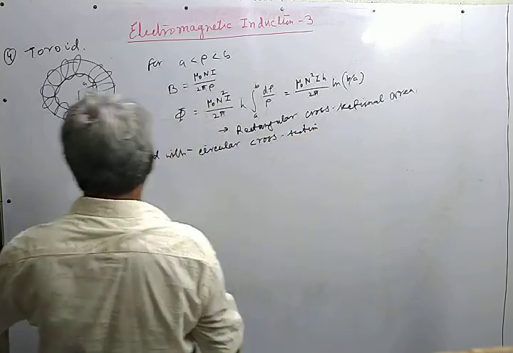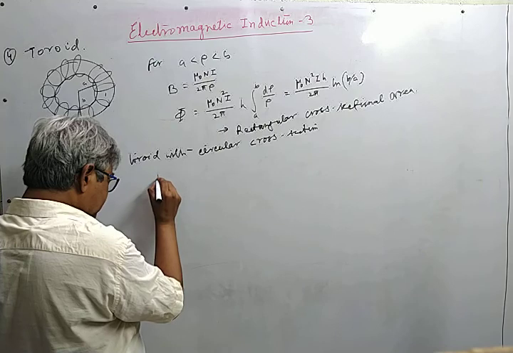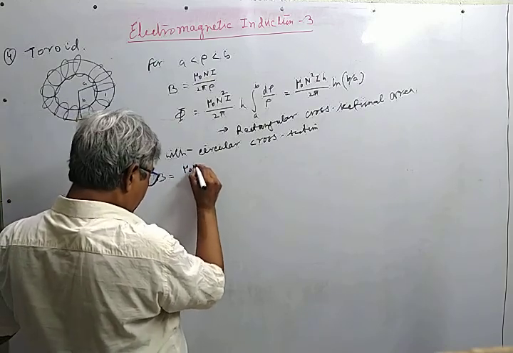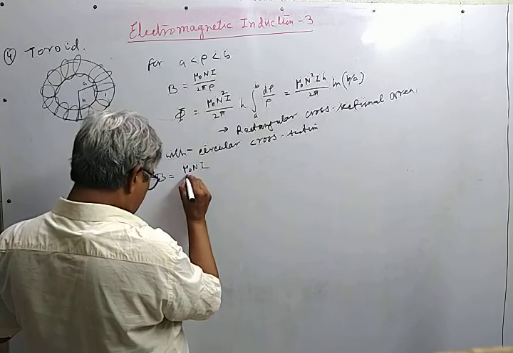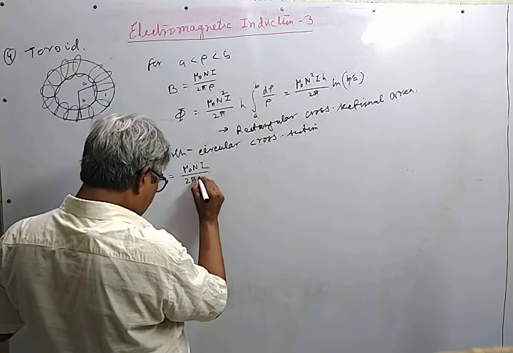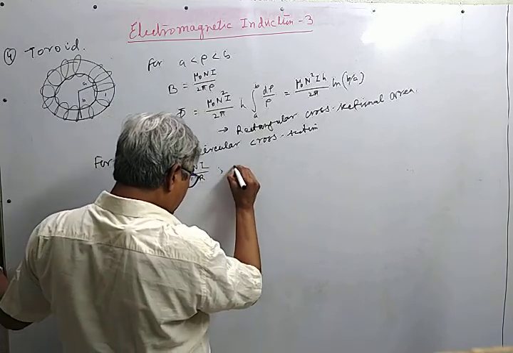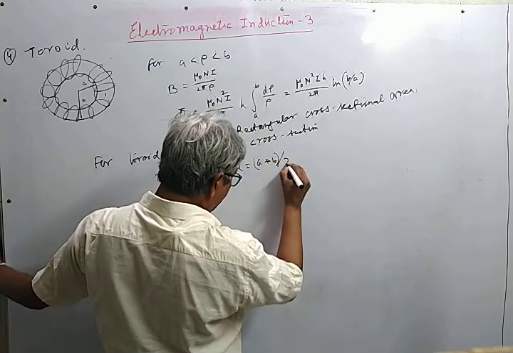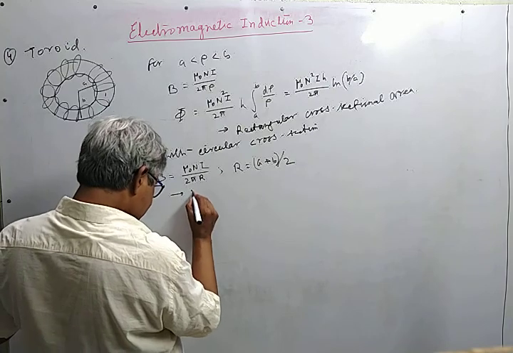we assume B to be constant and we use B equal to mu 0 n I by 2 pi r, where r is equal to (a plus b) by 2. This is the mean field.